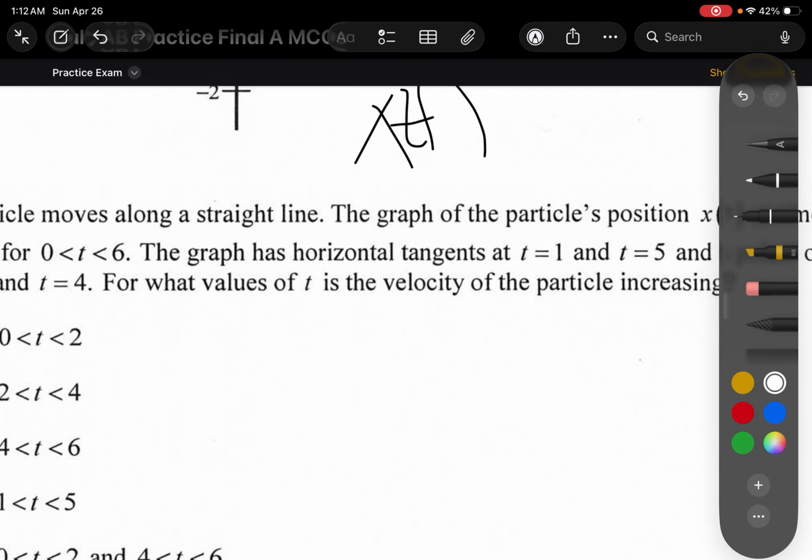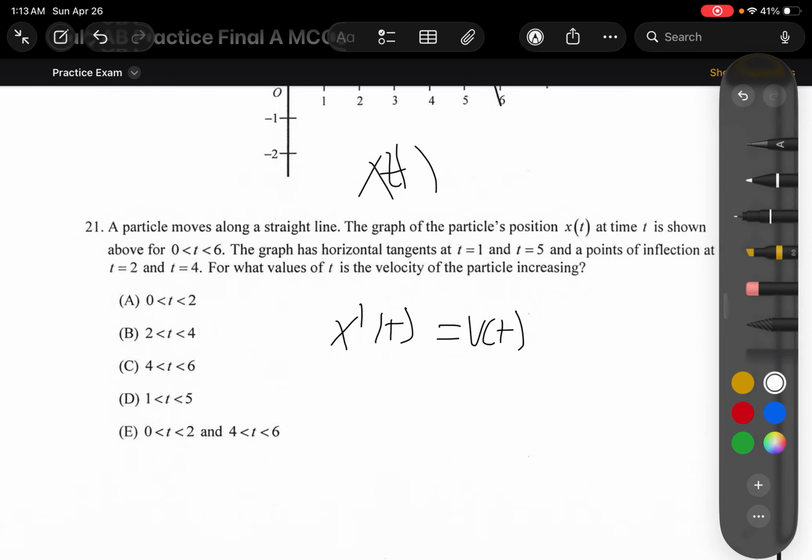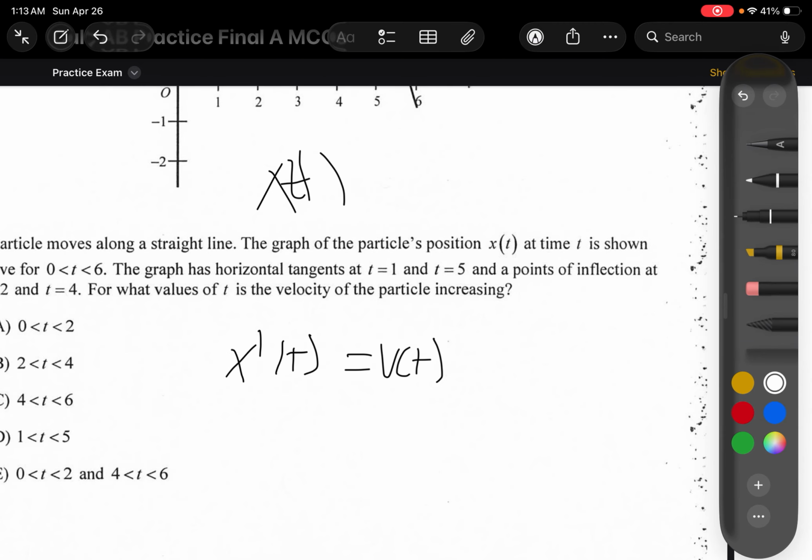X prime of t is equal to v of t. And velocity is increasing, so v prime is greater than 0.